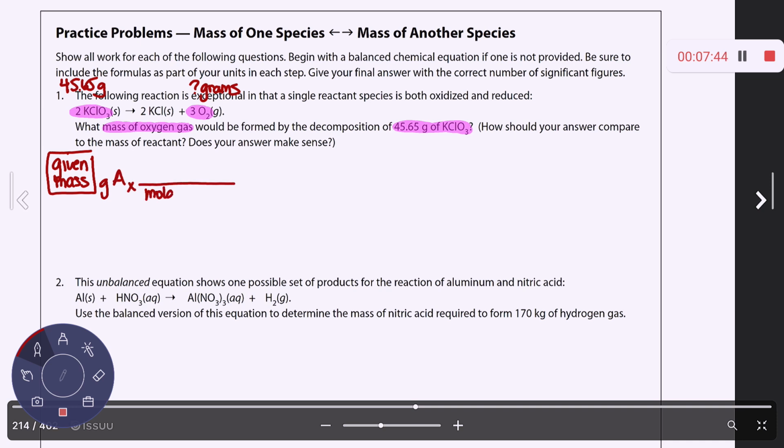You're going to divide by the molar mass of substance A here.